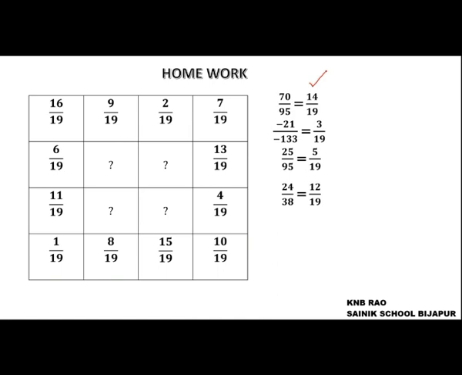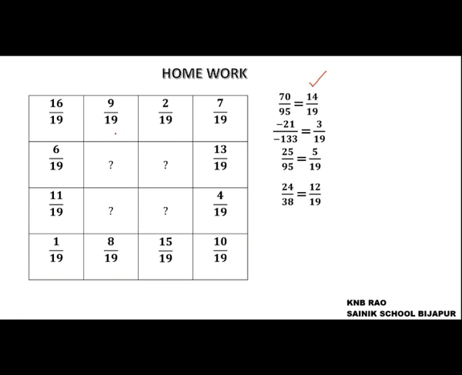Out of the 16 rational numbers, there is one speciality. What is that speciality? They all have the same denominator, 19. That means all these rational numbers are like rational numbers.